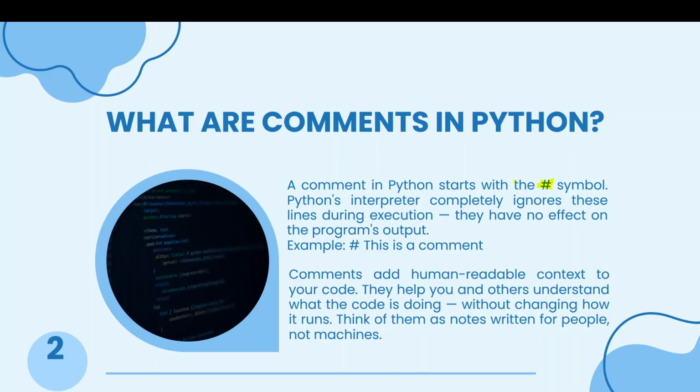If no comment is used, they are going to face so many problems, because they don't know where they have to start and what the old code was used for in that particular line. So that's why we use comments.